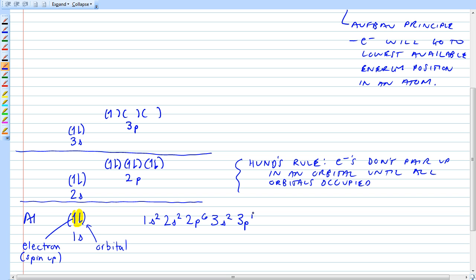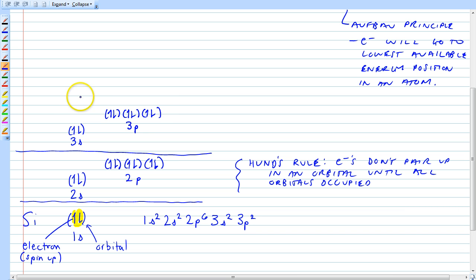Okay, that's aluminum, and aluminum has 3p1 as the end of its electron configuration. If I want to make silicon, I just change this. Now I'm going to skip a couple here. So that would be silicon. This would be phosphorus, and this would be sulfur, and then chlorine, and then argon.